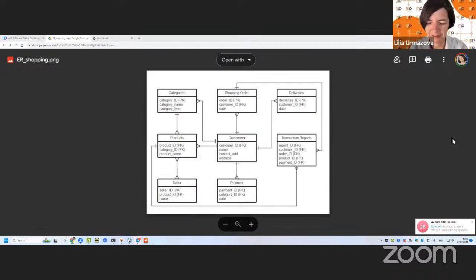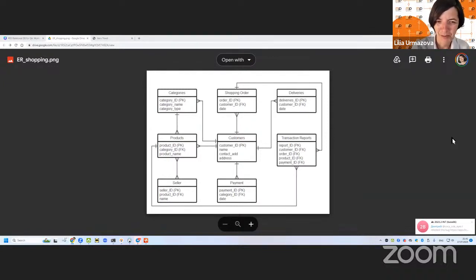Maybe it is possible to buy a product without an order, but I doubt it. And probably we need a relation between products and shopping order. Products and shopping order, yes. And shopping order and payment, I guess. Yeah, shopping order and payment, this is logical.